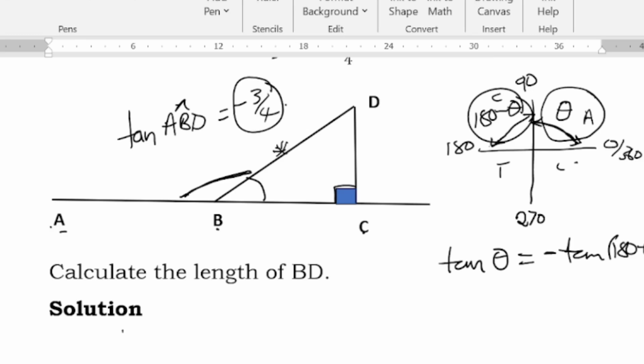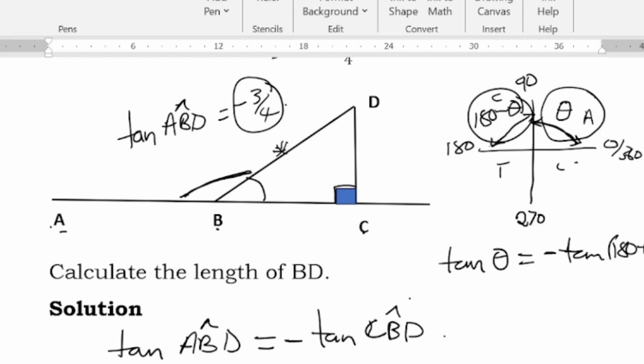We are saying that tan ABD is equal to the negative of tan CBD.